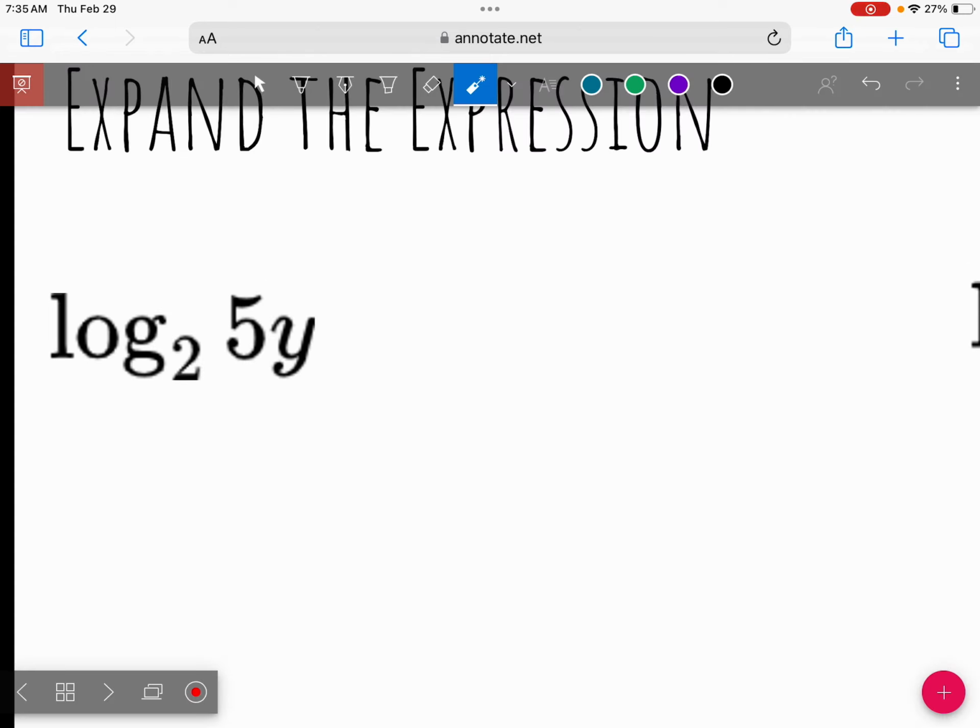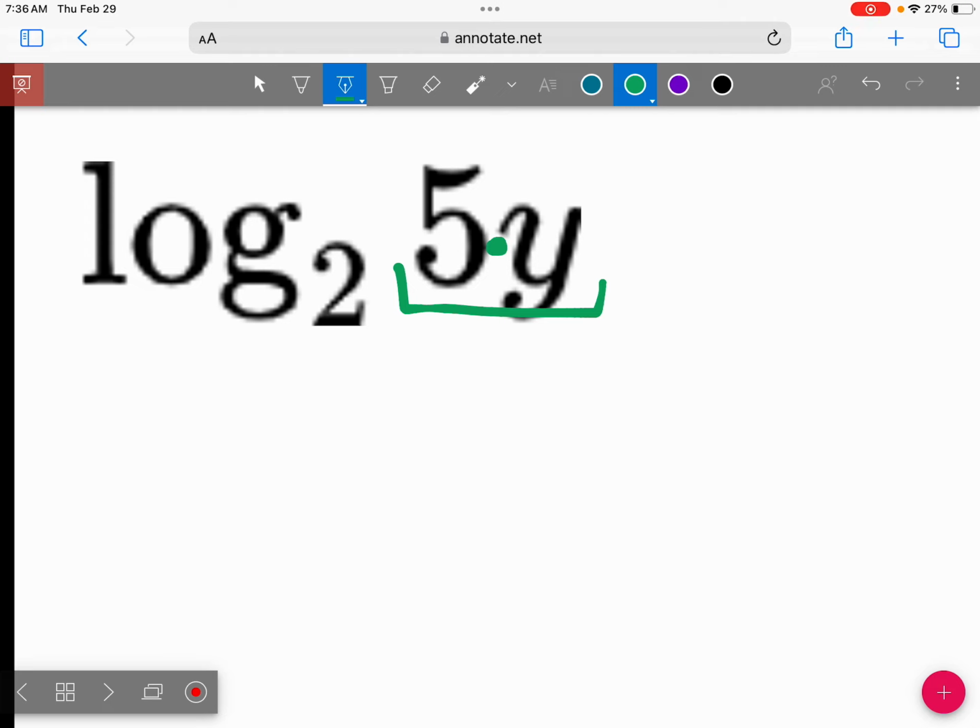So if I have log base 2 of 5 times y, we're going to look at this and say, do I have any division in this piece? No. Do we have any multiplication? Yes. Between the 5 and the y, it's multiplied.